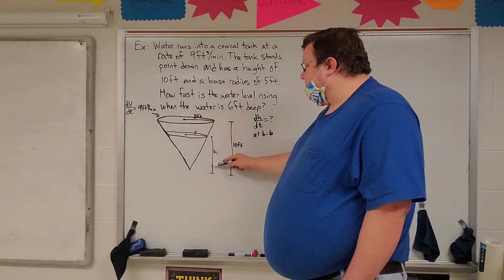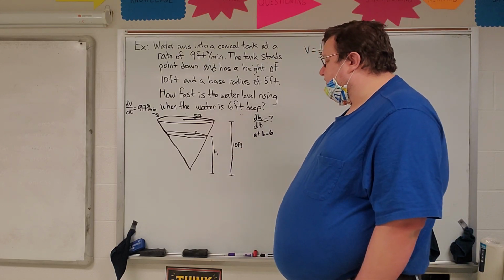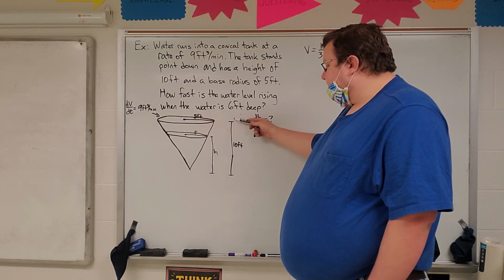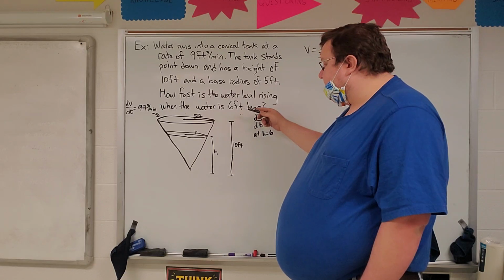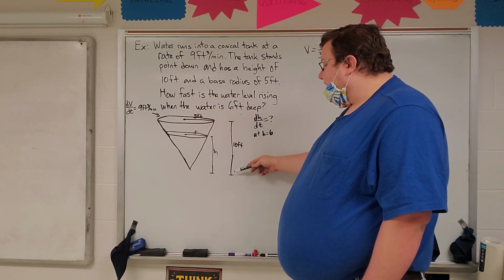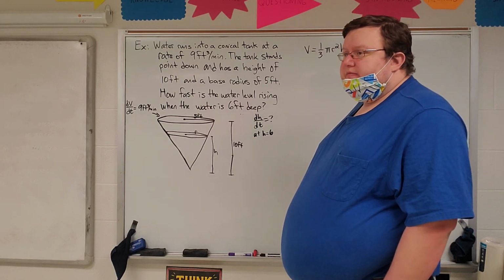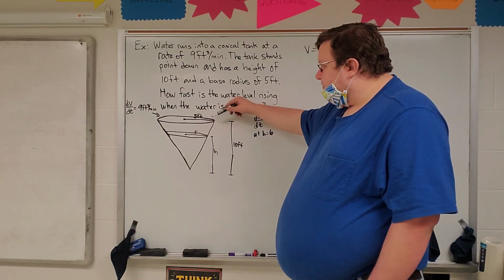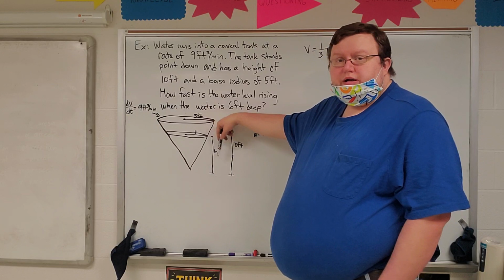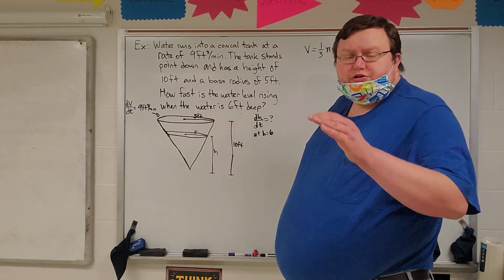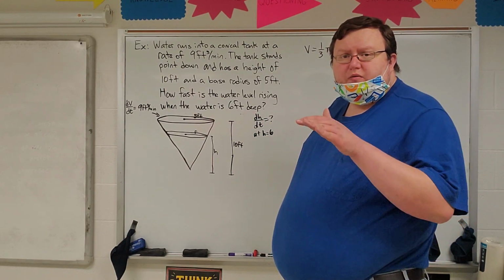Well, it just so happens that the geometry here works in our favor. If you're looking at this, the entire tank, if it was filled all the way to the top, the height would be 10 feet of the water, the radius would be 5 feet. That ratio is going to remain the same as you're decreasing or increasing that water level.